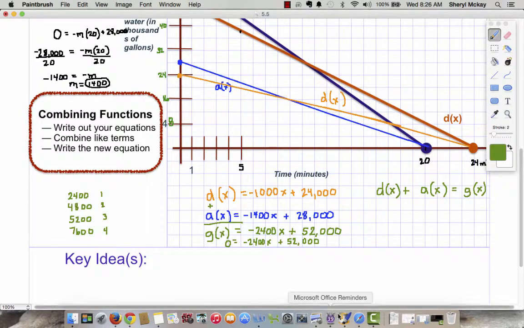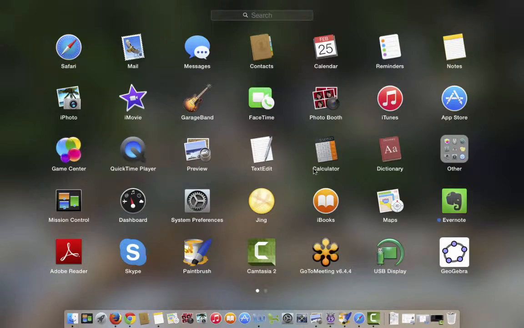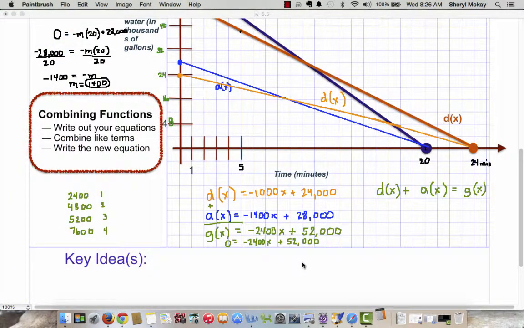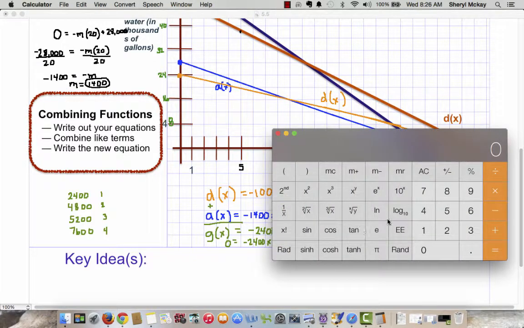And so I'm going to pull out my calculator and divide 52,000 by 2400.